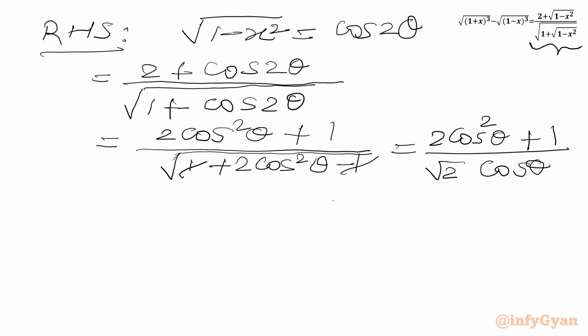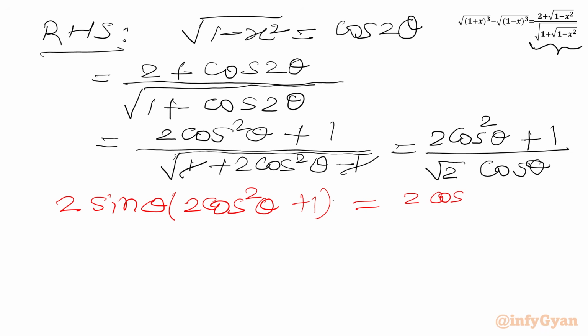Now we have LHS, we have RHS, we will equate. So we will write our equation. LHS is 2 sin theta in bracket 2 cos square theta plus 1, and RHS is 2 cos square theta plus 1 over square root 2 cos theta.